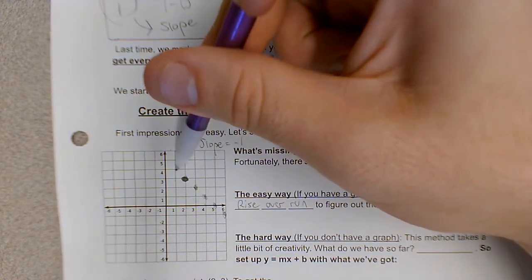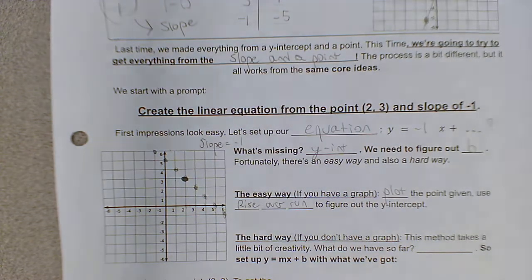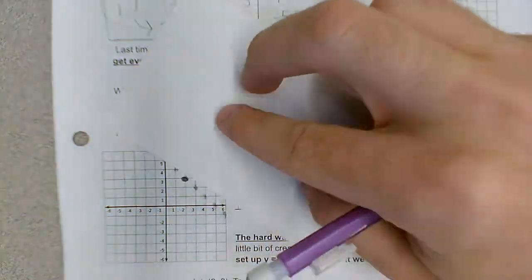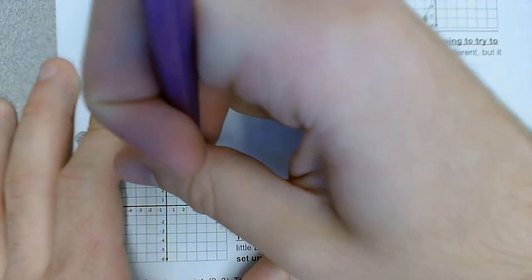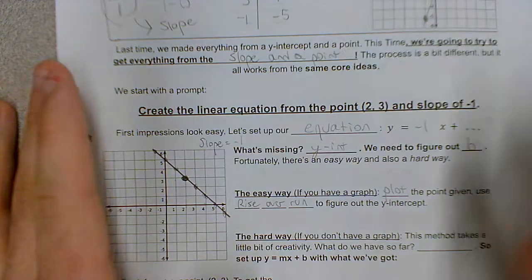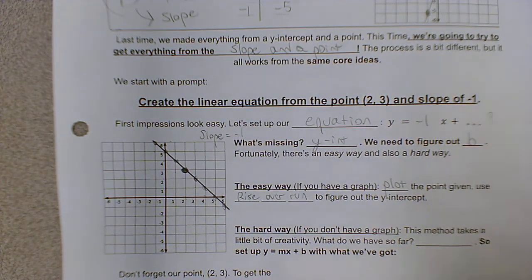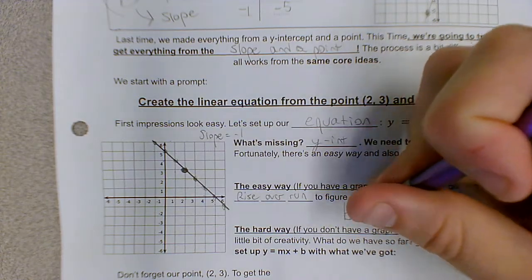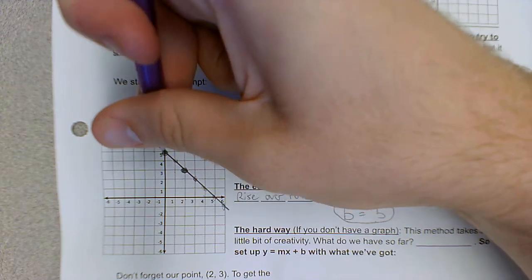So over 1, up 1, over 1, up 1, over 1, up 1. And eventually, I can figure out that my y-intercept is going to be 5. So just by doing rise over run, and starting with my point, I can figure out the y-intercept easily. My b equals 5, because that's where my y-intercept is.